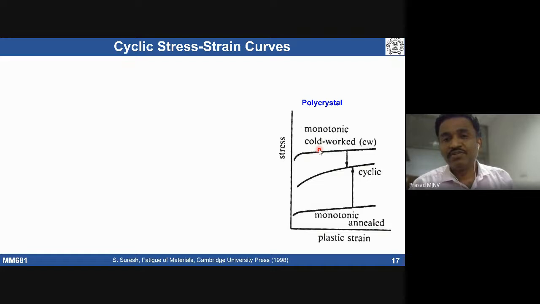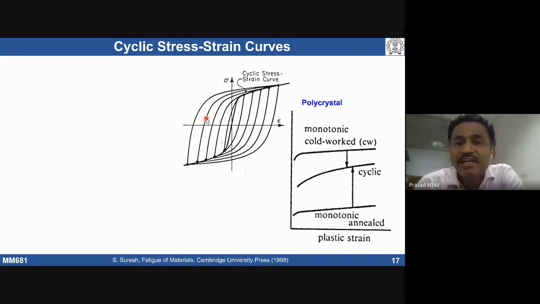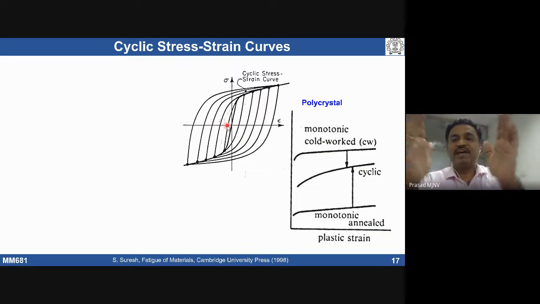So this kind of curve is established from deforming a material. You fix the strain limits and establish a saturated loop, then change the strain ranges and establish loops at different strain ranges. I can get the locus point of each saturated curve, and if we connect them, we get a cyclic stress strain curve. This is in the tension part.